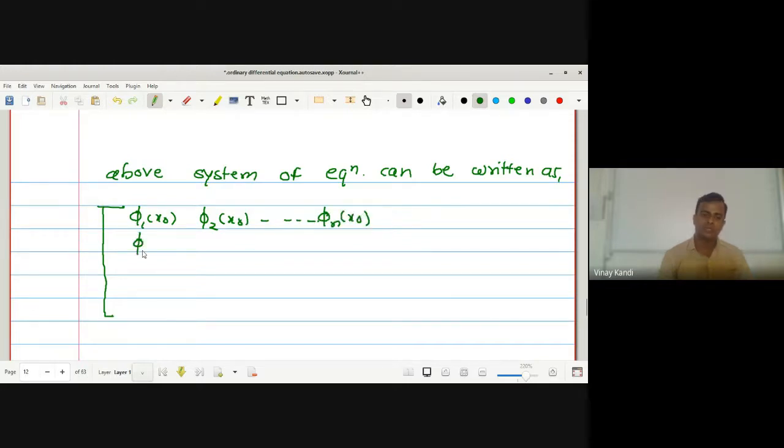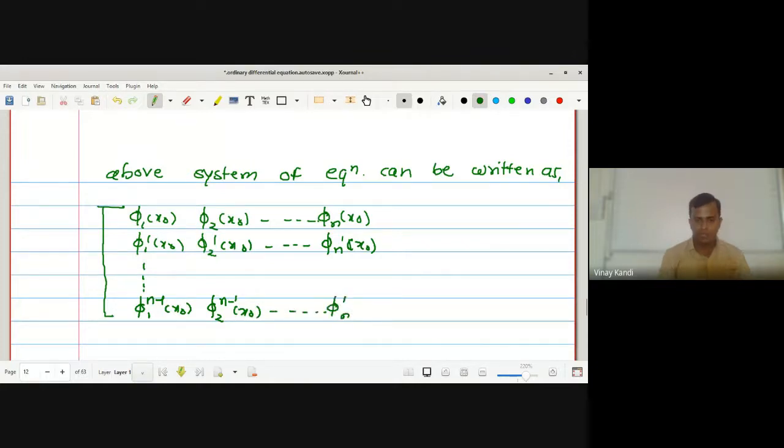Phi 1 dash of x naught, phi 2 dash of x naught, up to phi n dash of x naught. At last we get phi 1 raised to n minus 1 derivative of x naught, phi 2 raised to n minus 1 derivative at point x naught, up to phi n raised to n minus 1 at point x naught.